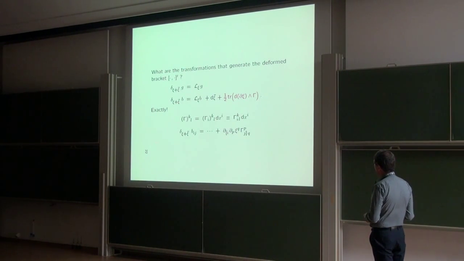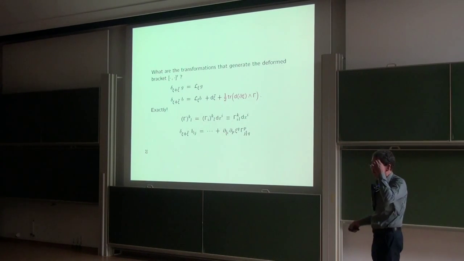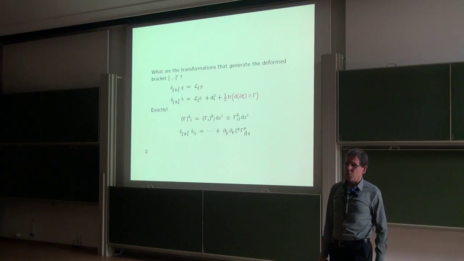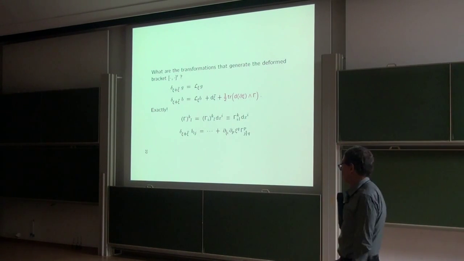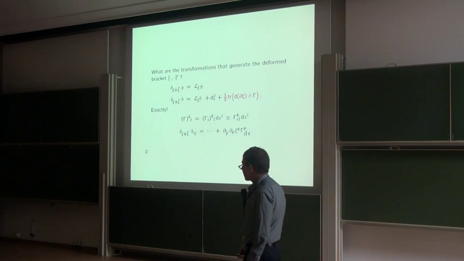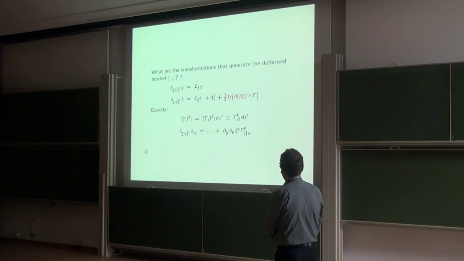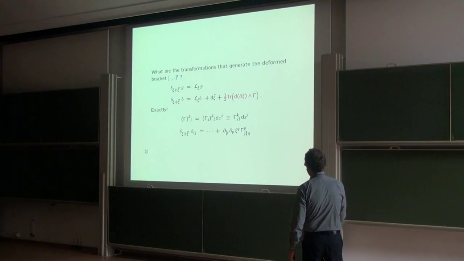So if you prefer to see explicit indices, here it is. The matrix-valued 1 form of the Christoffels is this, and this term would correspond to this kind of transformation. It's a higher derivative transformation. So this is a deformation of the algebra of diffeomorphisms, and you have here what this thing is.